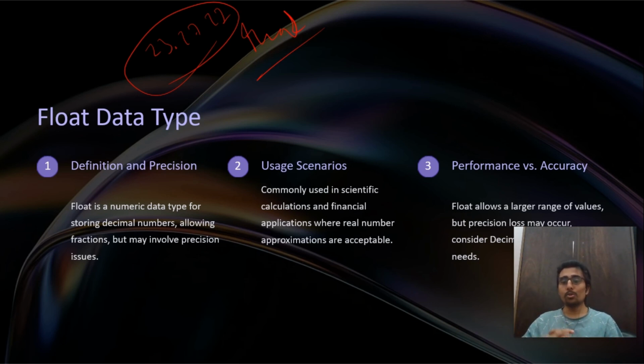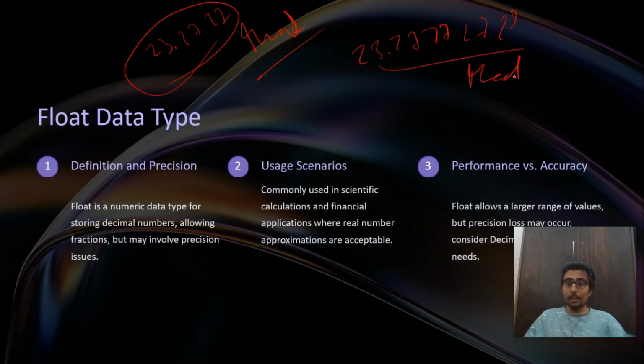Because of that, it can introduce some rounding errors. So if it's a large decimal number, like 272727, we should avoid using float here. The reason is that while trying to round it or take an approximate, it might give rounding errors due to precision loss, because the memory is limited.